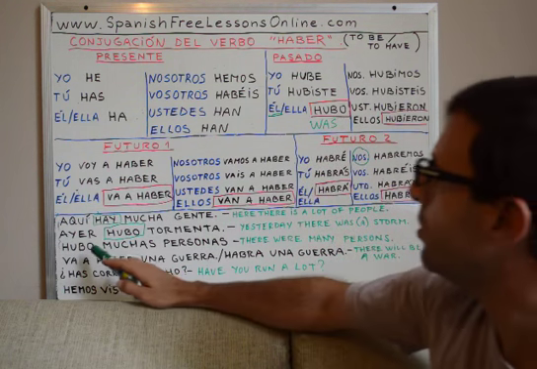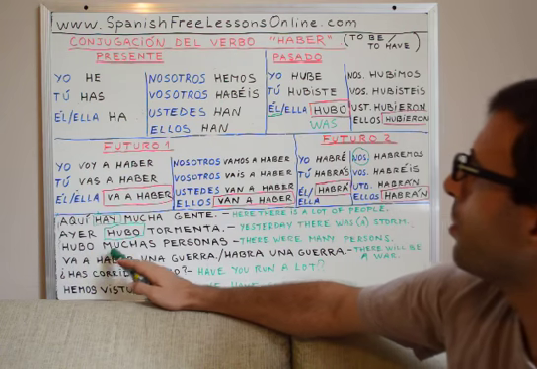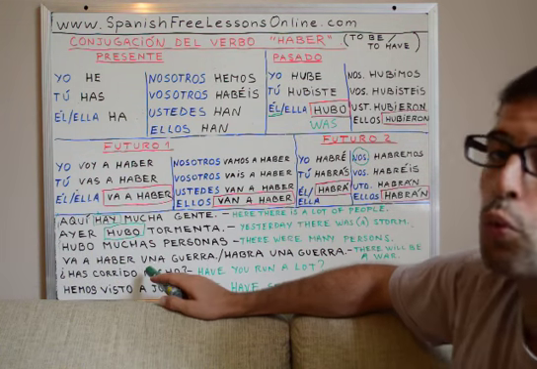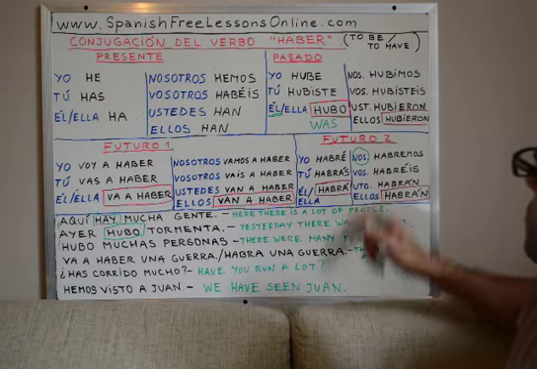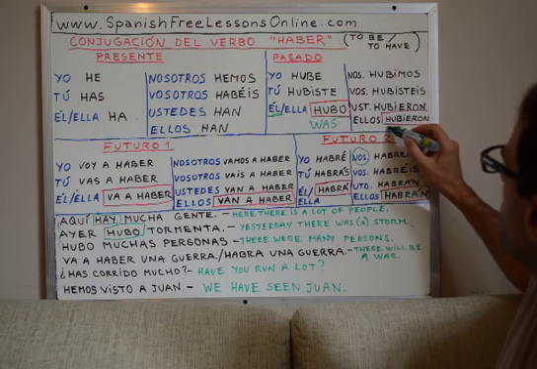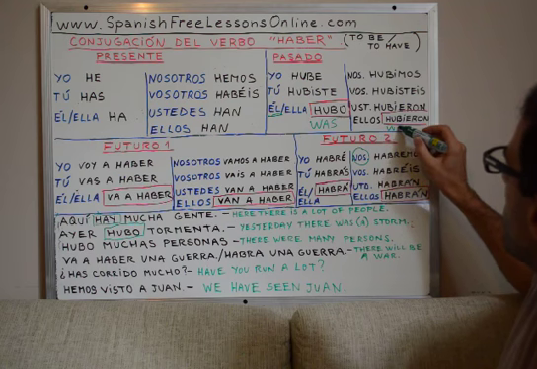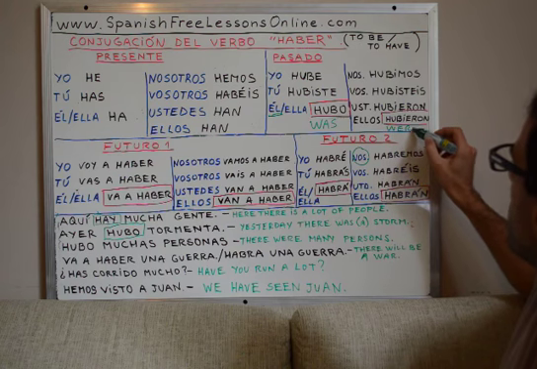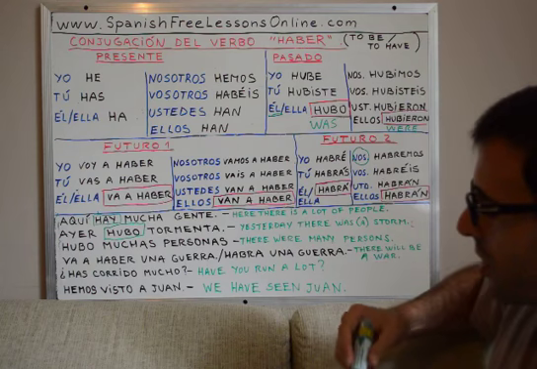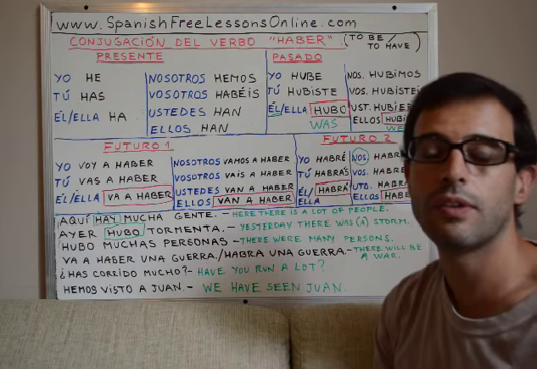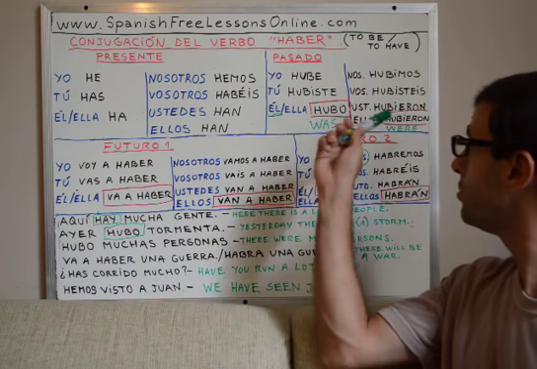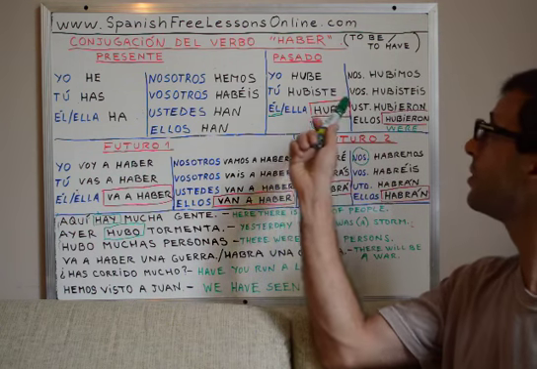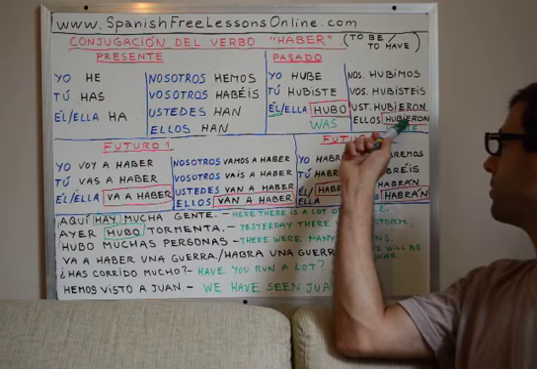But we use hubo muchas personas, there was many people. Why? Because the conjugation of to be in plural here in the past is not used, right? If we want to use it like an auxiliary verb, we use hubieron, right?